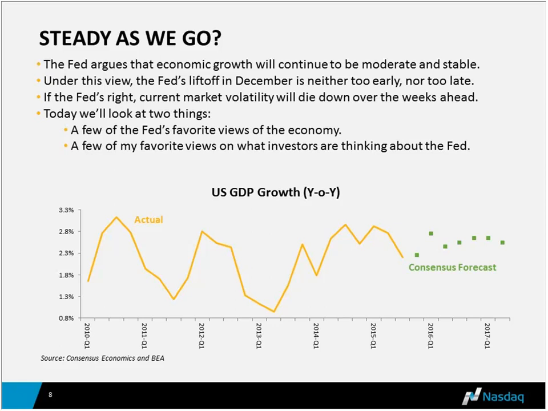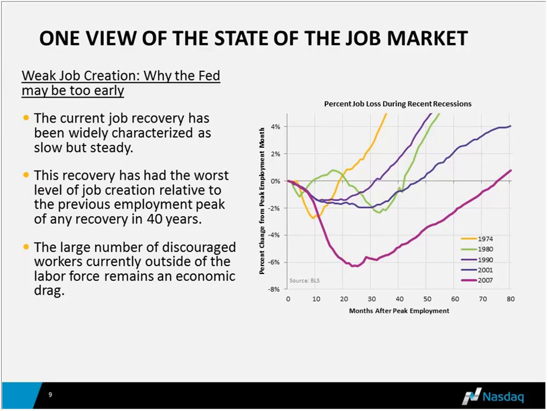So where I want to start is I want to start with one view of the job market. And take a minute now explaining what you're all looking at on the right. So what we've done here is we've taken the number of jobs that existed in the economy at the peak before each of 5 of the last recessions, 1974, 1980, 1990, 2001, and the financial crisis.